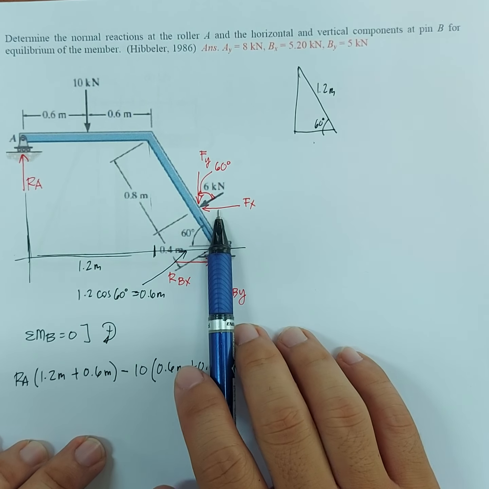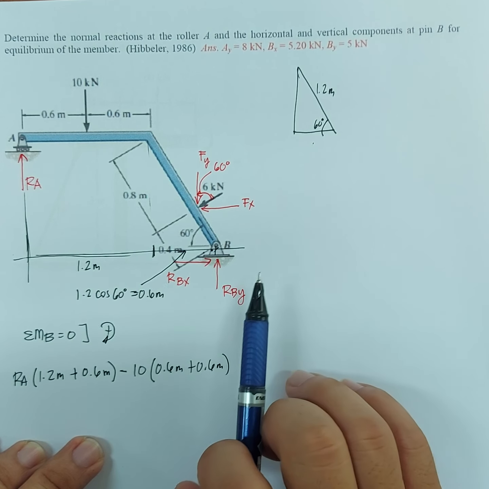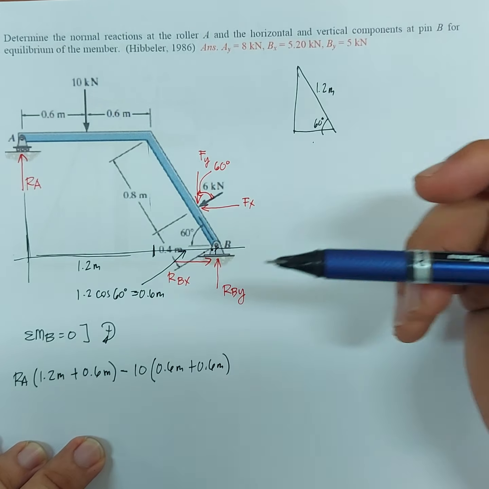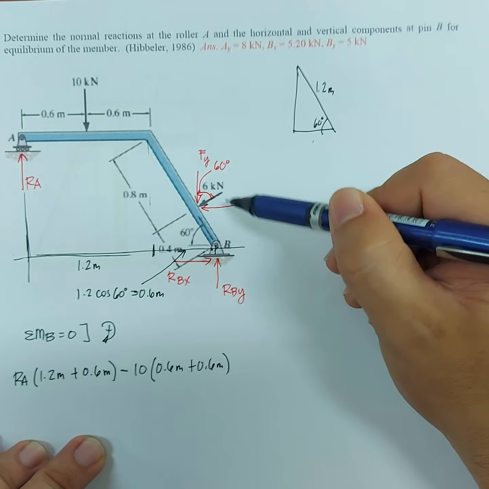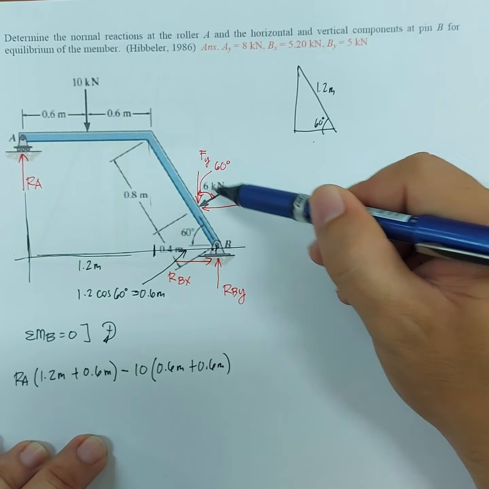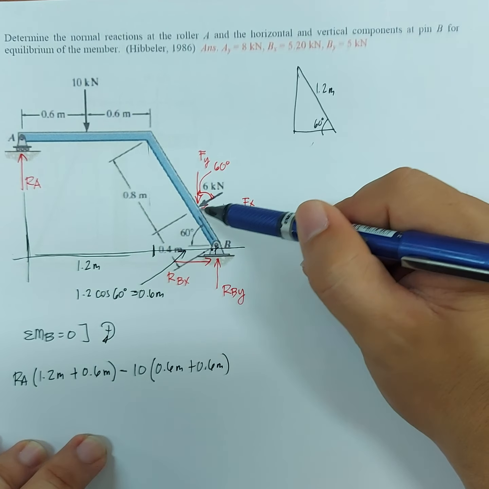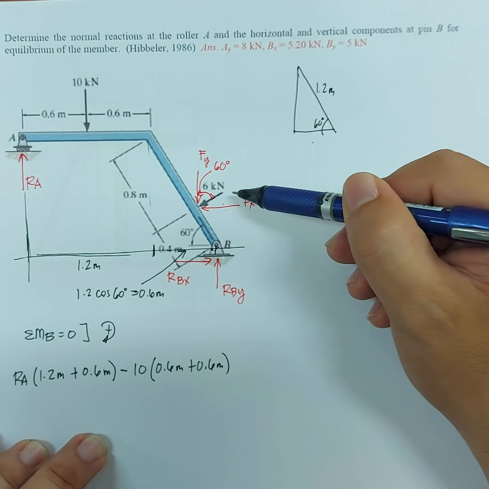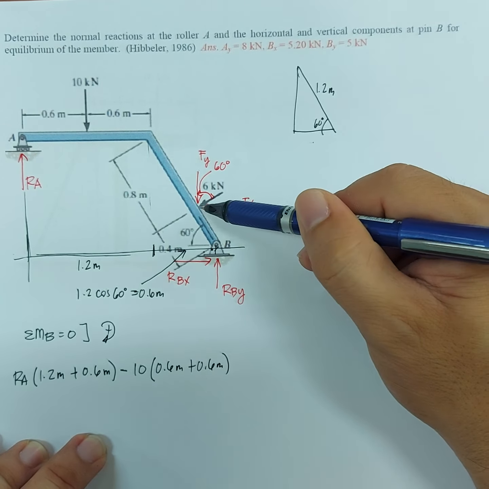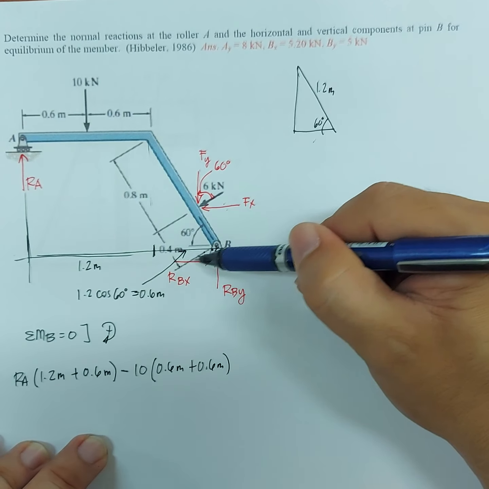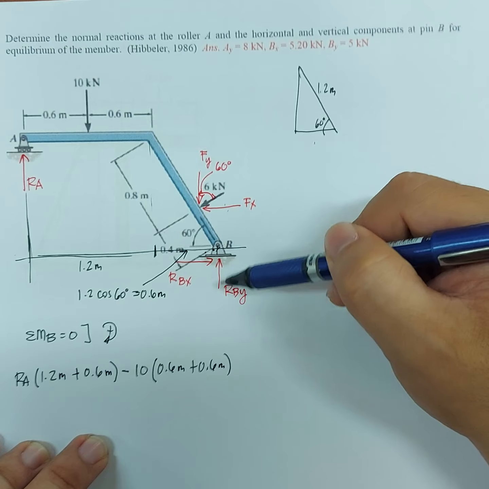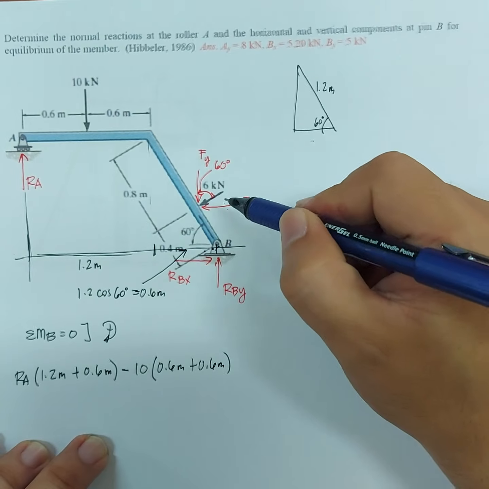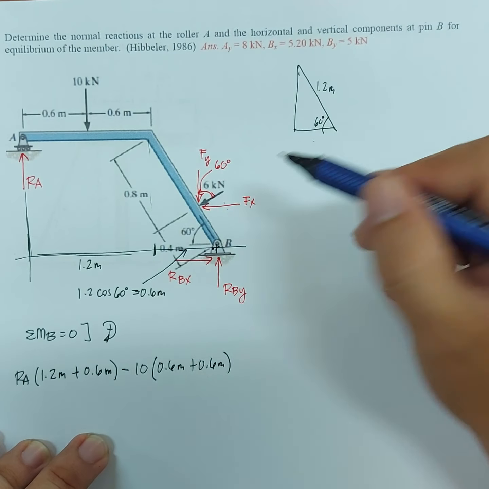And then moment ng 6 kilonewton force about point B. Although given na pala yung moment arm. There's no need pala to resolve this into two components. Although you can also do that. Pero, hindi ko napansin. Given na pala tong distance na yan, that's exactly the moment arm of the 6 kilonewton force from point B. But we need the components later on when we summate forces along the x and y axis.